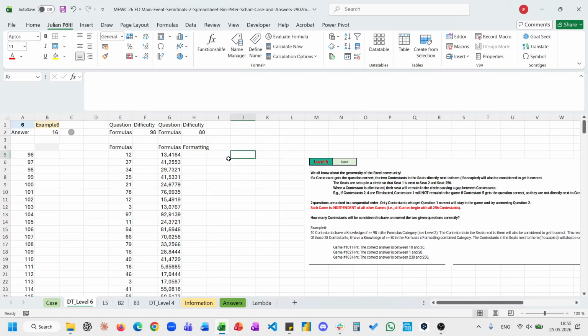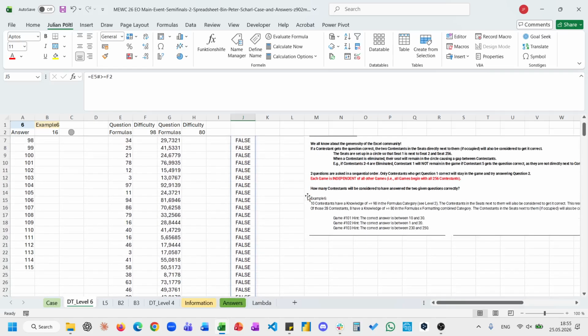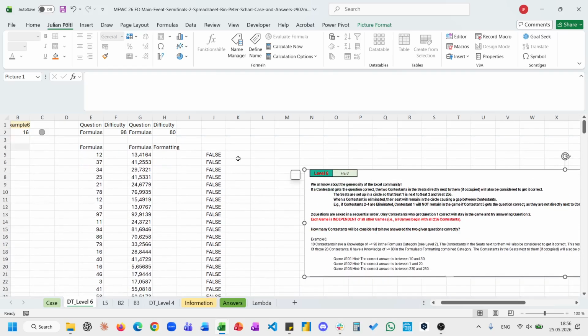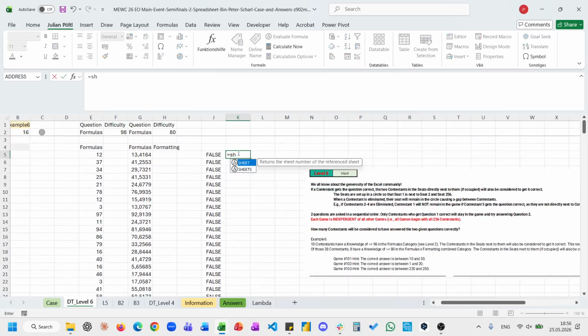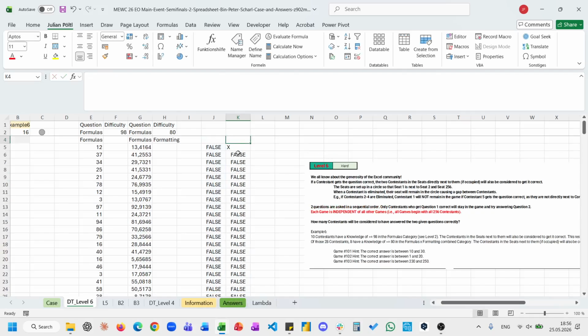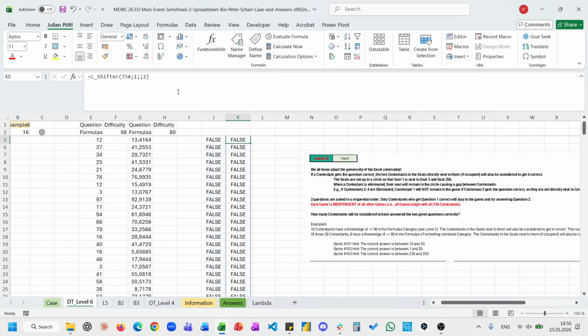Let's see. So if this is larger or equal than this, then we are good, otherwise we're not good. And if a seed in a circle is also, I have a lambda for this. Shift cells, shifter, row shift 1. But rep, fill, rep. So this is then shifted.